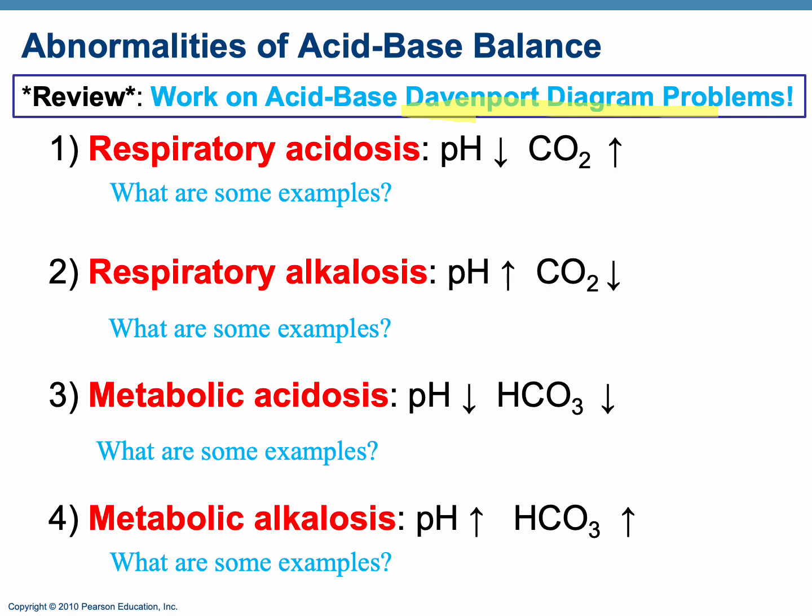This is a good time to work on those at home for practice to know how to use the graph. I also have additional supplement material from a respiratory physiology book that goes through acid-base balance using the Davenport diagram graph. So it's time to find those and work on these together.